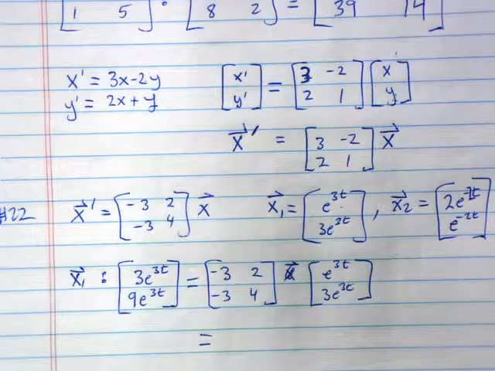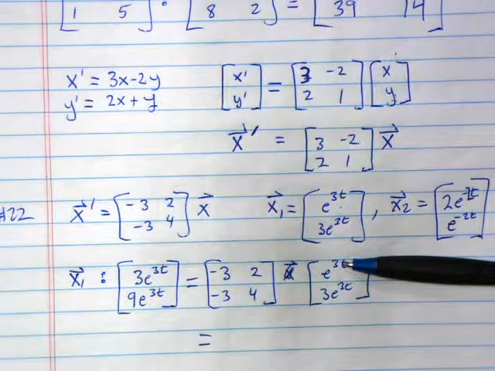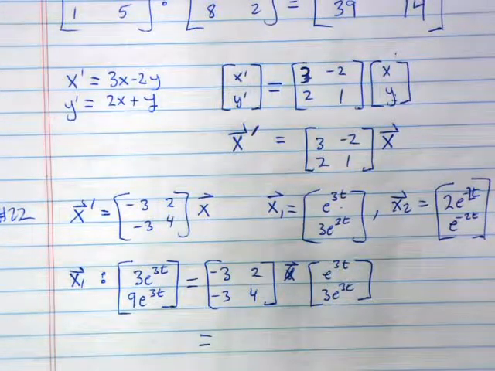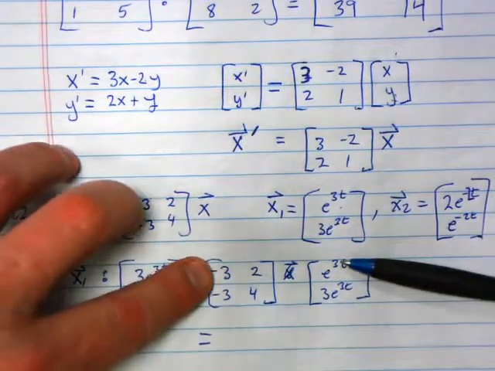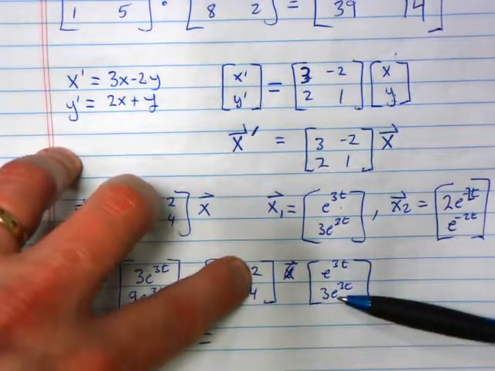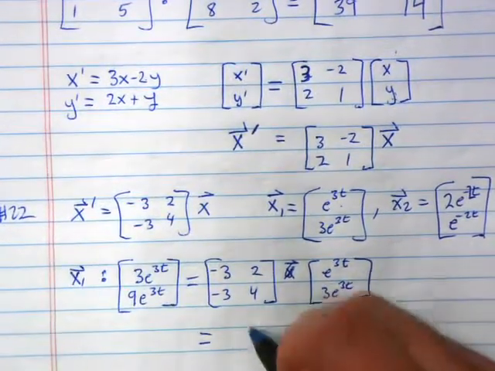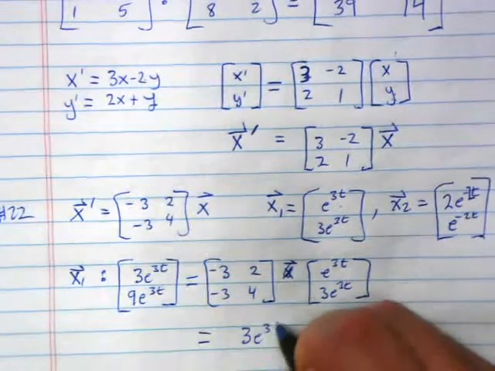Do the matrix multiplication. What do you get when you take negative 3, 2 and multiply it by e to the 3t, 3e to the 3t? You get negative 3 plus 6. Negative 3 plus 6 is 3e to the 3t.